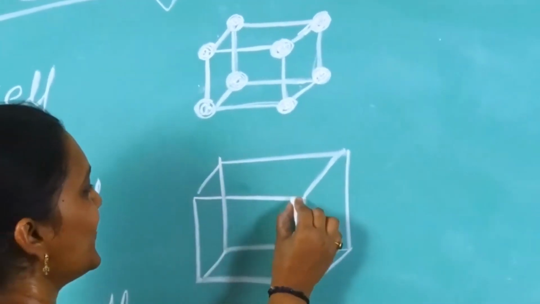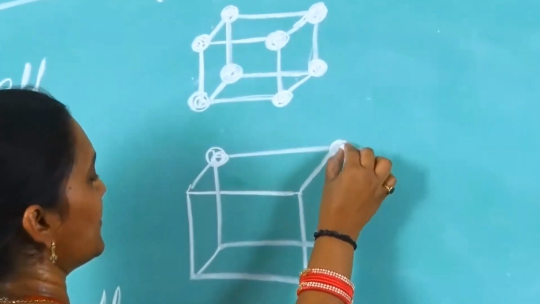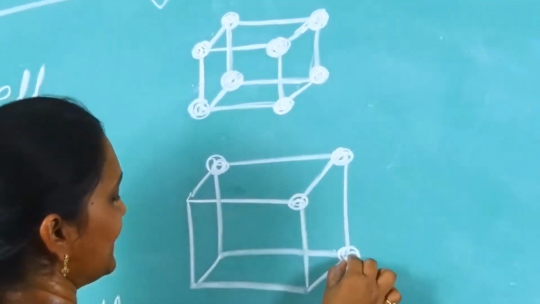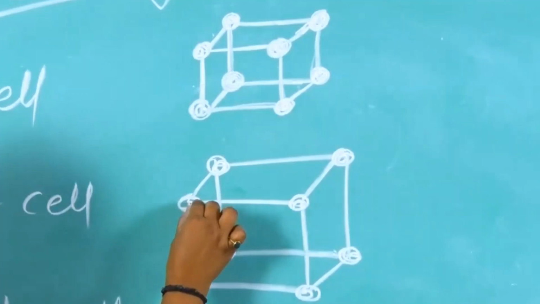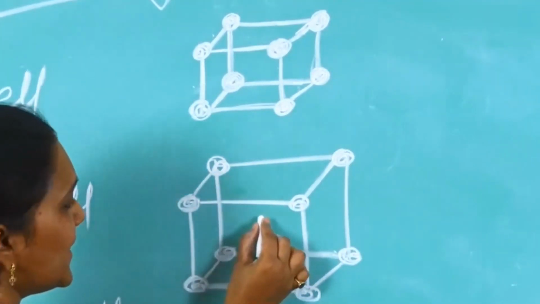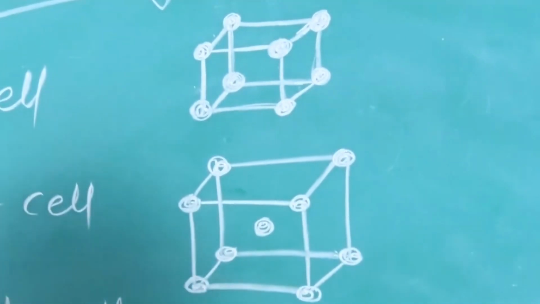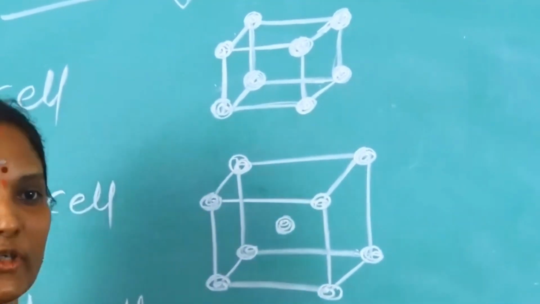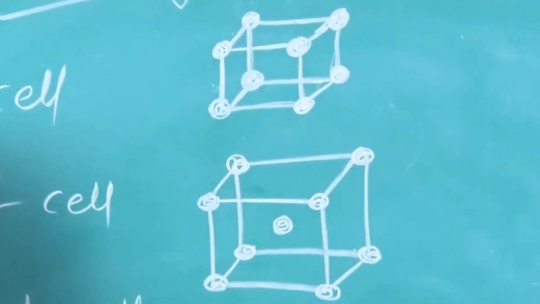So now here the constituent particles occupy corners and also the body center. If constituent particles occupy corners of the cube and also the body center, then that unit cell is called a body centered cubic lattice, BCC structure. This is BCC.